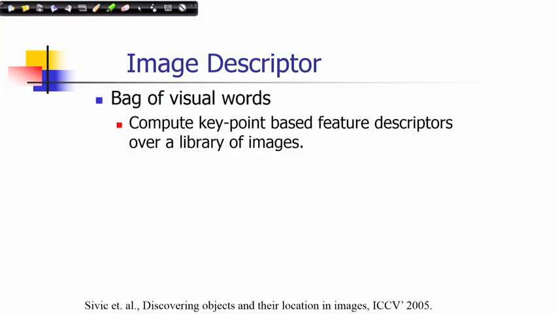Those are the textual words, and a document can be represented by some feature vector where the presence of those words is counted.